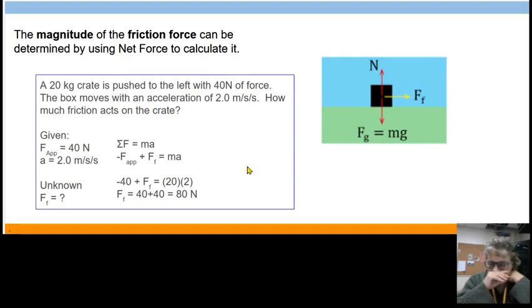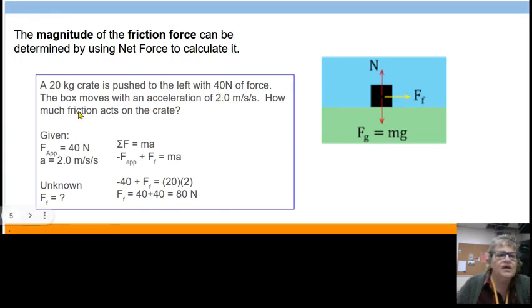As an example, to find the magnitude, how big the friction force is, you can use net force to calculate it. Let's say we have a 20 kilogram crate and it's being pushed to the left, and the force being applied is 40 newtons.